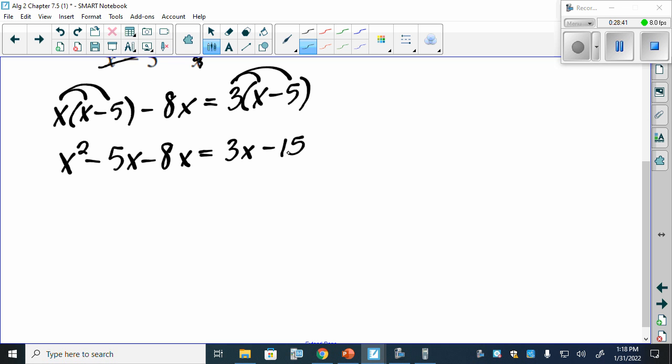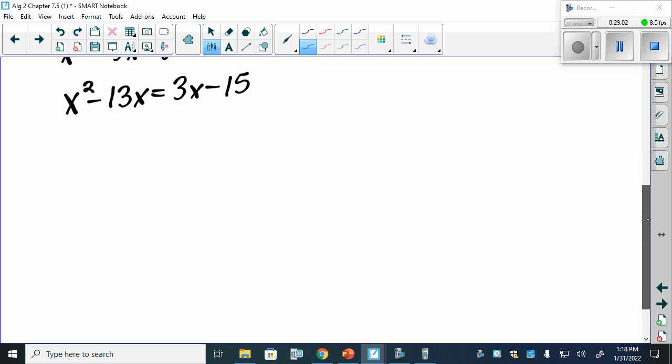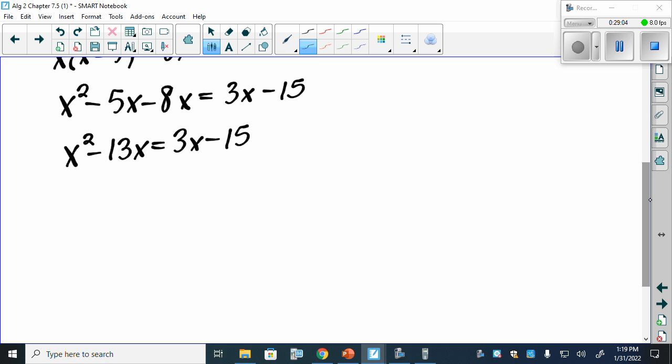Now we do have 2 like terms, the negative 5x and negative 8x, and we can combine those. Well, negative 5x minus 8x is negative 13x, is equal to 3x minus 15. Okay, so we finished combining like terms. Now what do we need to do next?